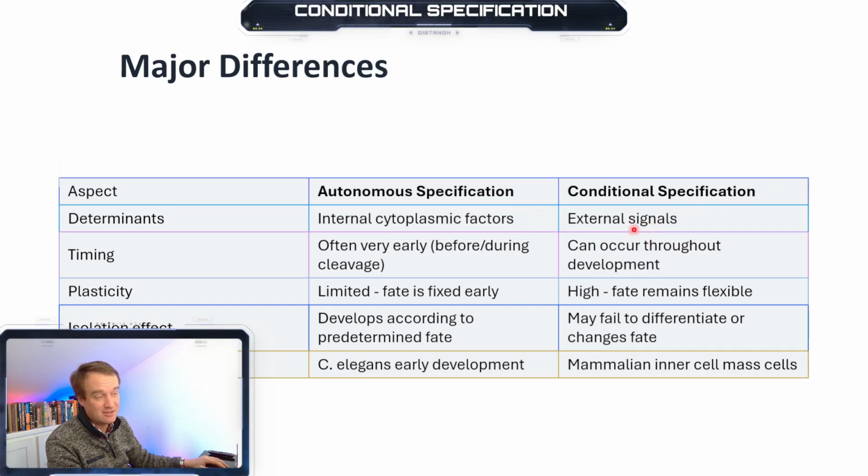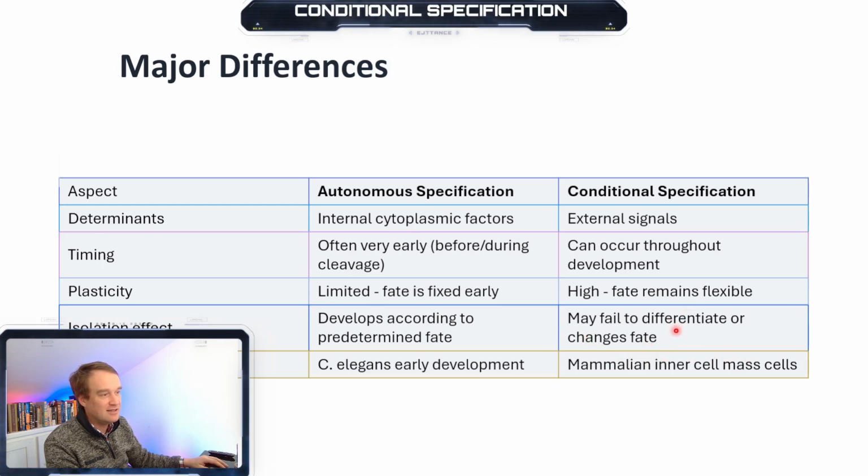And then conditional is what we just talked about. So external signals like your neighbors can occur throughout development, so early or late in development. So the plasticity is high, so you can change things, like when we did that transplant experiment for the back of the tadpole to the stomach of the tadpole. It's very flexible.